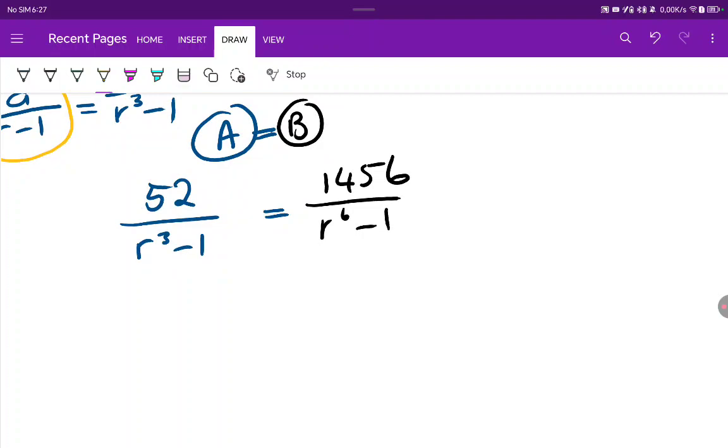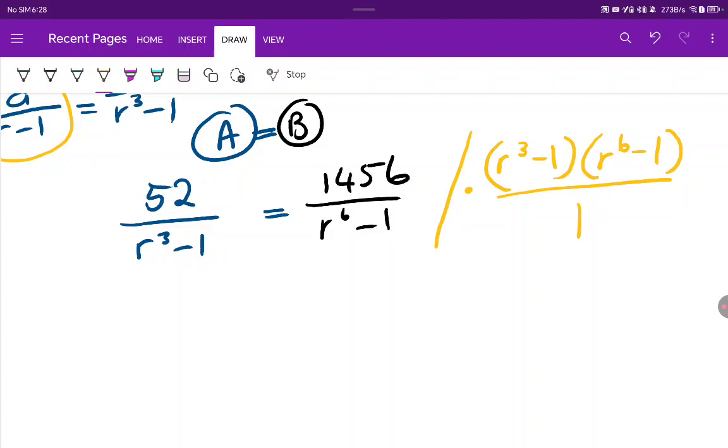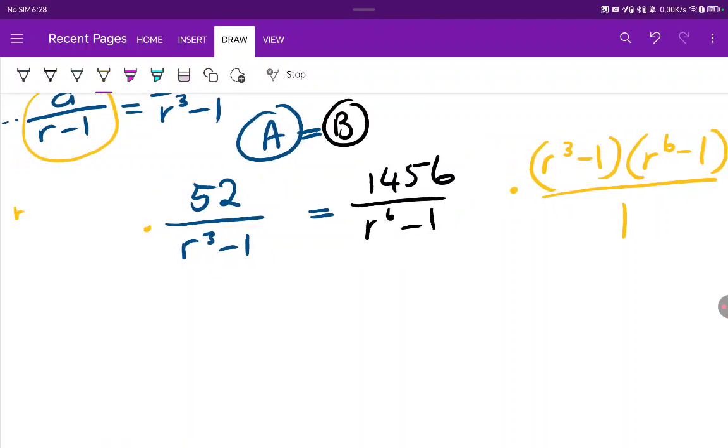But what you're going to do is multiply both sides by r³ minus 1 and r⁶ minus 1 over 1 on both sides. So on the left-hand side, one of them cancels out. Let me write it on both sides so you can see what it looks like. If I multiply this on the left and do the same on the right, r³ minus 1 multiplied by r⁶ minus 1, not exponents, over 1.